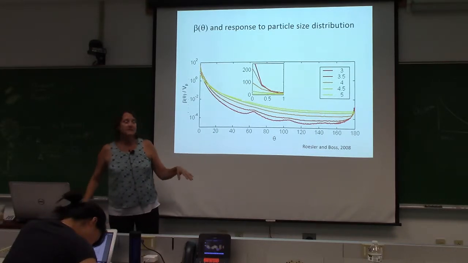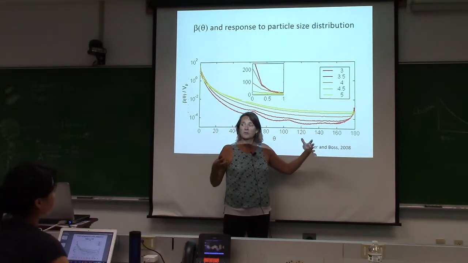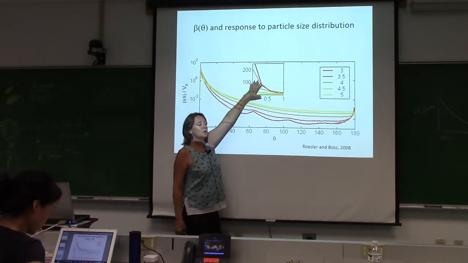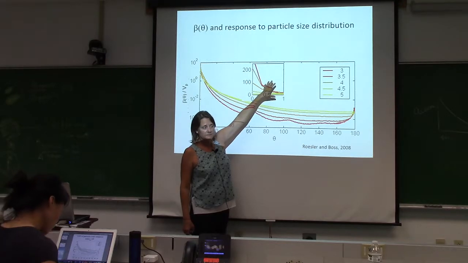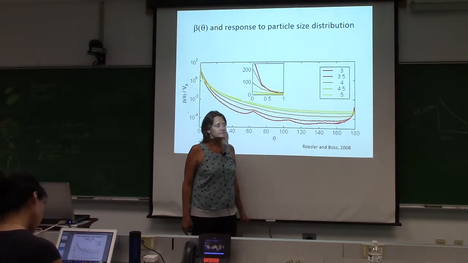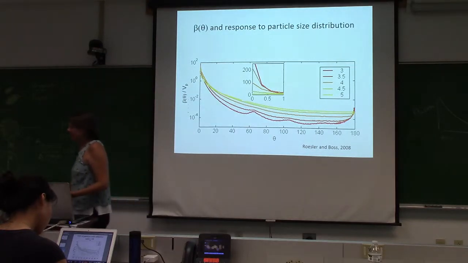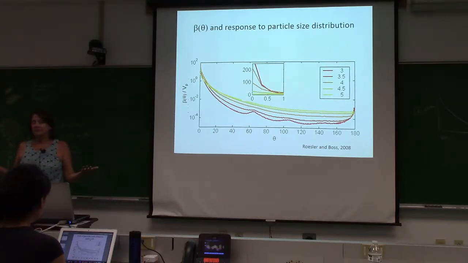So in a relative sense, there's relatively more backscattering per total particle volume by smaller particles, and relatively more forward scattering by larger particles. So if you think about the ocean, where you have dominance by small particles versus dominance by large particles, they're going to have very different forward to back scattering ratios.